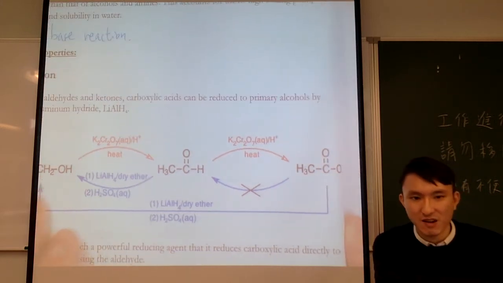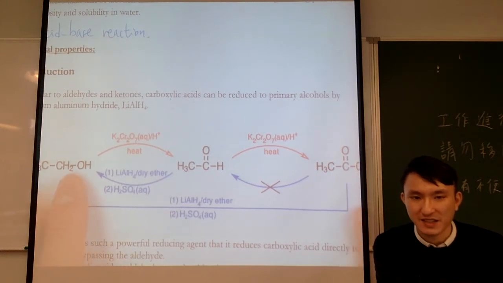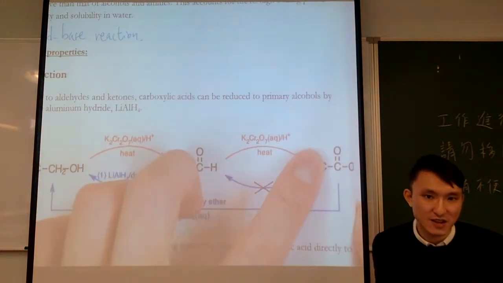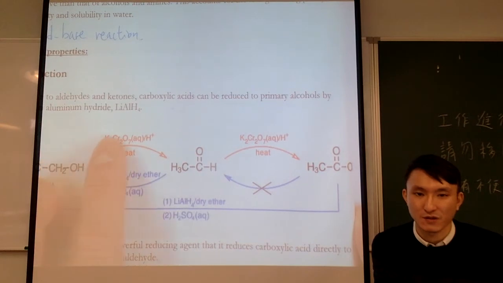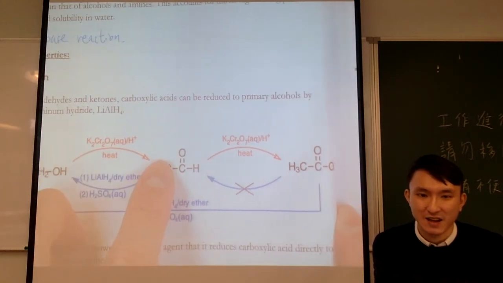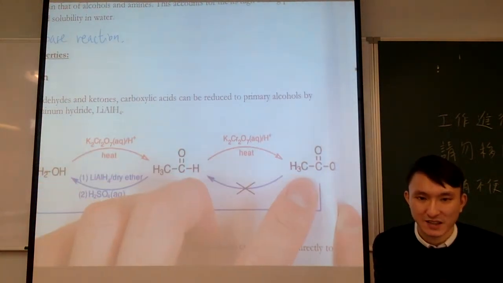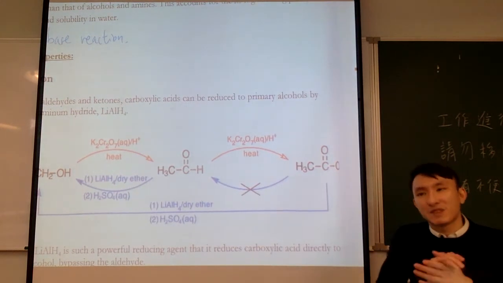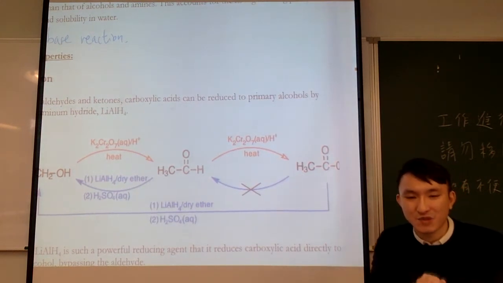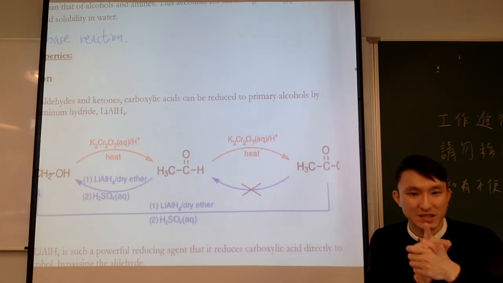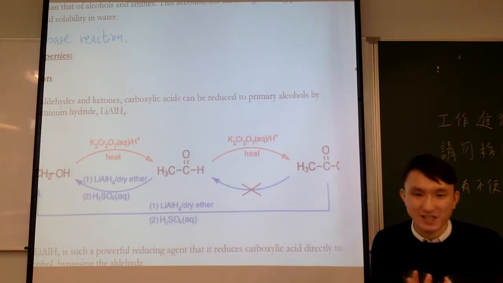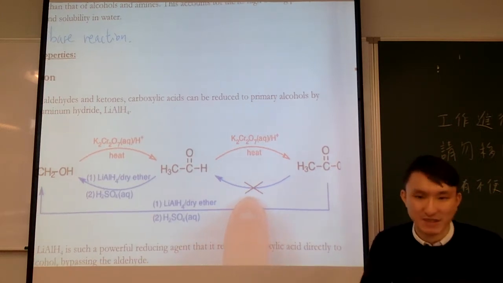Now, when we talk about oxidation of primary alcohol, we say that it undergoes two-step oxidation, first to form aldehyde, and then subsequently carboxylic acid. So you may expect the reduction to work similarly, a two-step reduction. In fact, there is no two-step reduction.